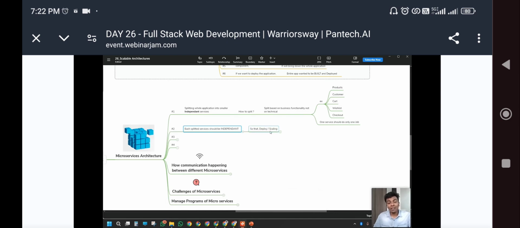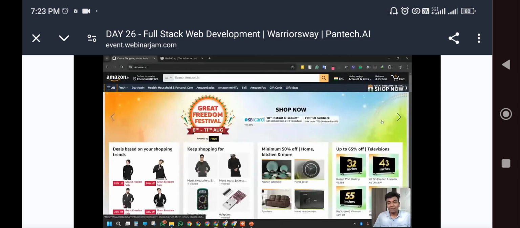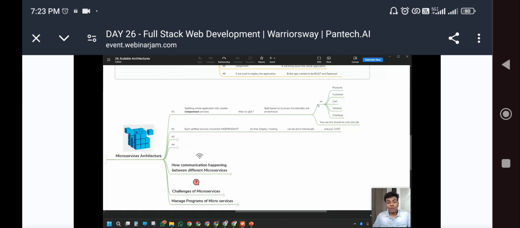And even after independent, each split service should be, as I've already told you, independent, so that if you want to deploy or scale it, it can be done individually. Are you clear? Throughout the whole application, if there is something you need to scale a lot, for example a database to save the customer's information, because suddenly we have got more sales, the scaling can be done for that specific service.